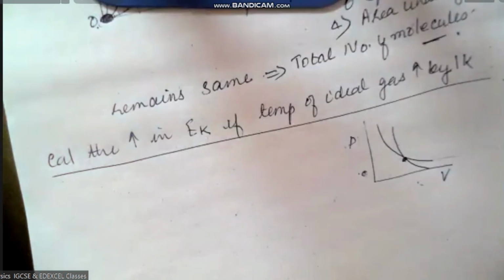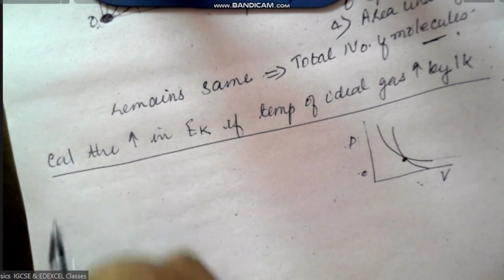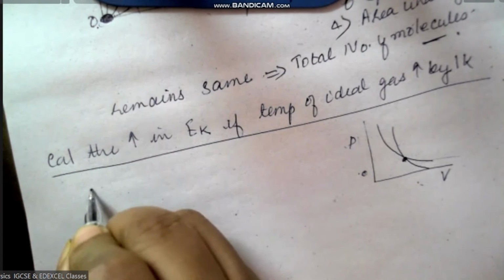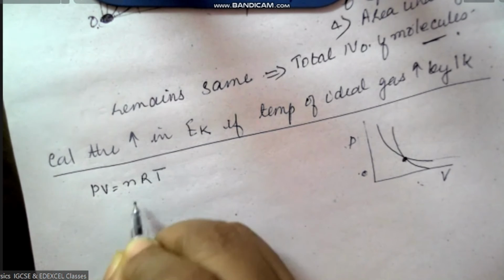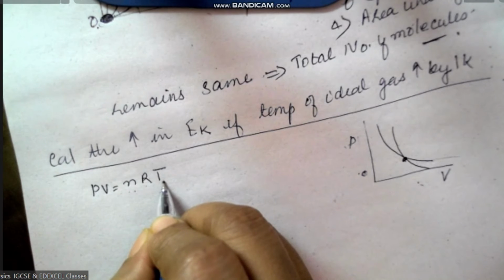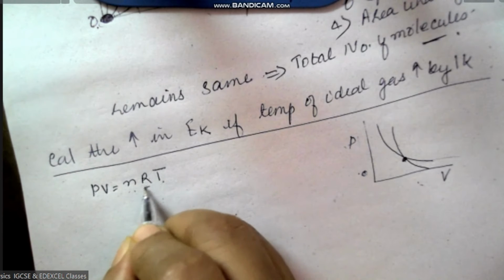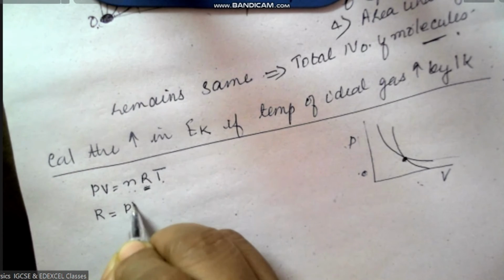For example, I'll show you another graph. What is the ideal gas equation? PV equals nRT, or PV equals capital N kBT, where R is the ideal gas constant.